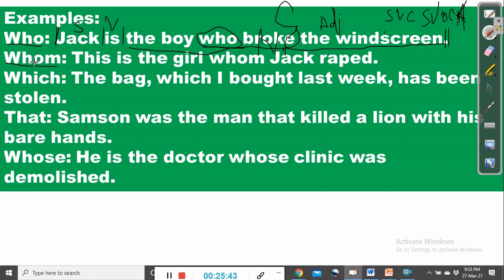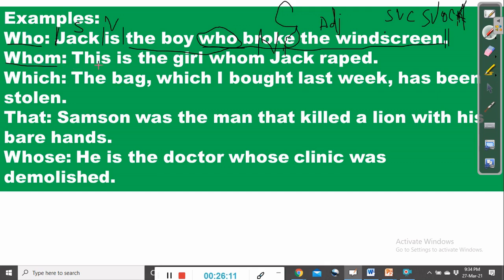Now, if you want to know more about the difference between who and whom, you can look for a video that I uploaded which explains the difference between who and whom. And the video is entitled How to Improve Your English Grammar, the difference between who and whom. So different grammatical principles are explained in that video.